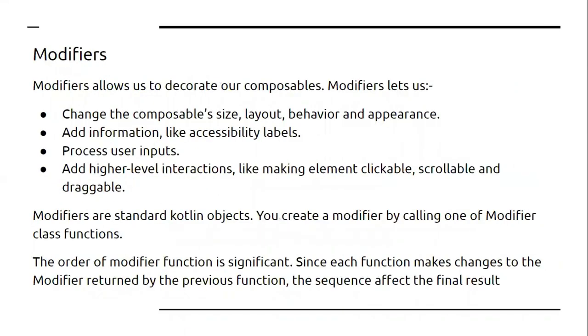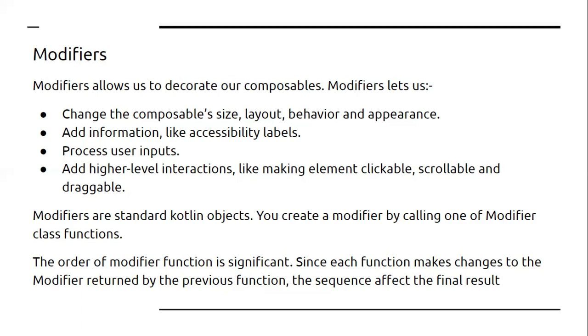we have modifiers. These allow us to decorate our composables. So modifiers let us change the composable size, layout behavior, and appearance. We can add additional information like accessibility labels. We can process user inputs. We can add higher level interaction like making an element clickable, scrollable, and draggable.